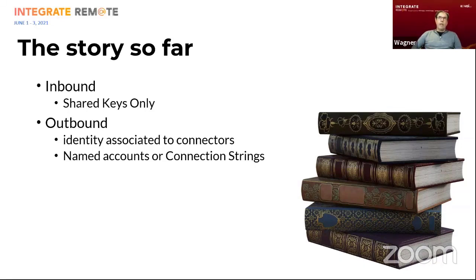You never had a way to identify the Logic App as an identity, a system identity in a way. It was always named accounts or connection strings. This makes some places a little bit complicated, having to create extra accounts sometimes in systems just to be able to use that account just for integration.